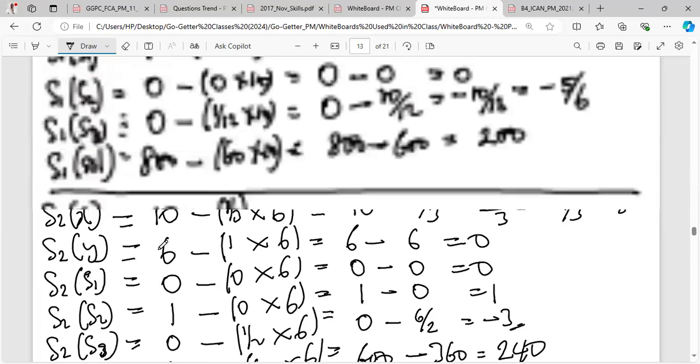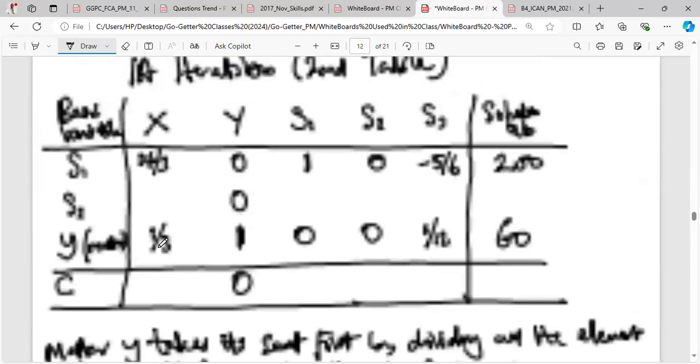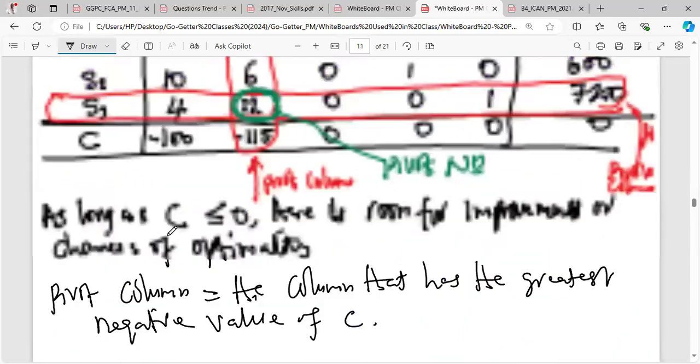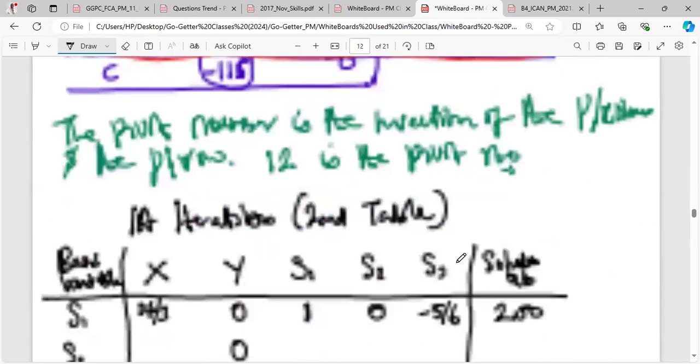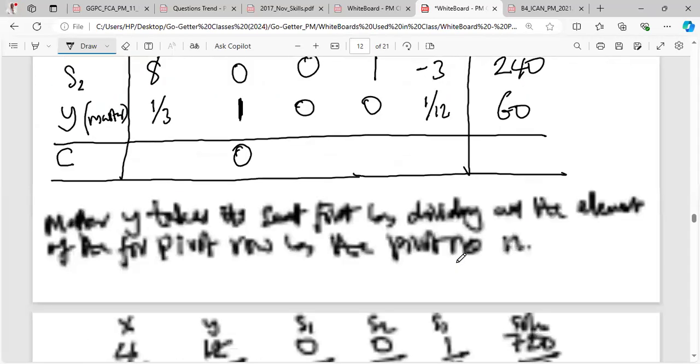So we'll go and look at the old C line and bring everything out there. Minus 100, 115, 00 all through. So that's what we are going to put as our old in the formula.